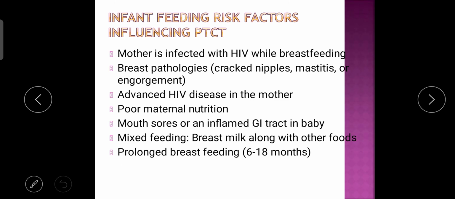Infant feeding risk factors influencing PMTCT are: the mother being infected with HIV while breastfeeding; breast pathology like cracked nipples, mastitis or engorgement; advanced HIV disease in the mother; poor maternal nutrition; mouth sores or an inflamed GI tract in the baby; mixed feeding, like breast milk along with other foods; and prolonged breastfeeding, like 6 to 18 months.